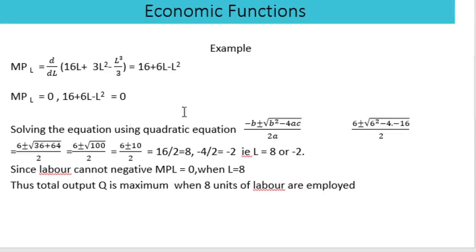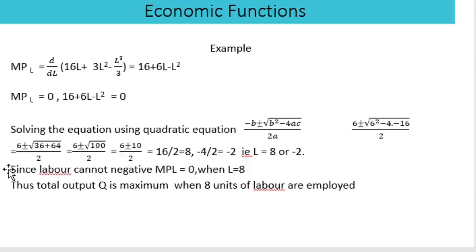Solving this quadratic equation, A is minus 1, B is 6 and C is 16. Substitute this into the formula: minus B plus or minus root of B square minus 4AC, that is 6 square minus 4 into minus 1 into 16, which is 64.